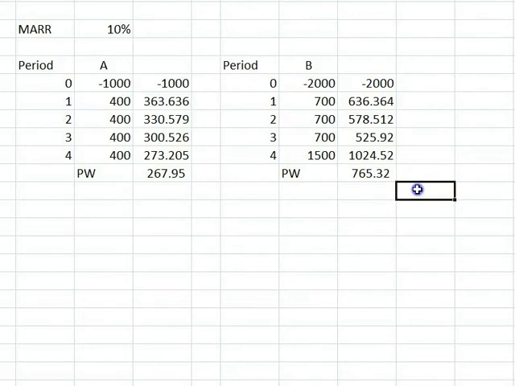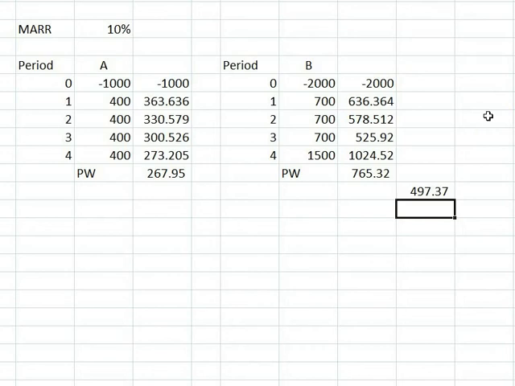That is, if we compare the benefit of selecting B over A, the difference is $497. So by making that decision, we would get $497 more just by selecting B.